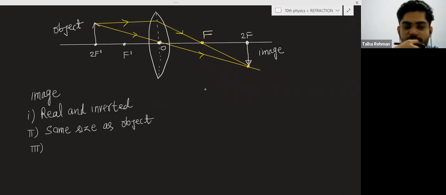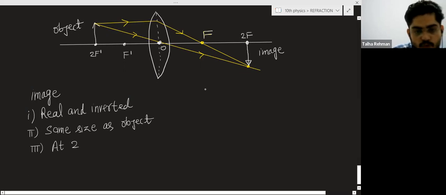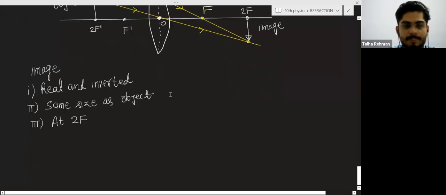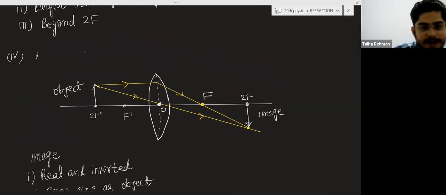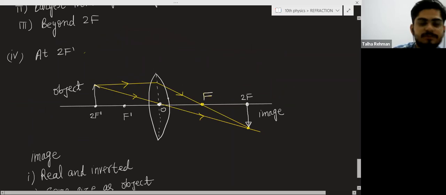Talking about the position, you will say at 2f. This is the case when the object is at 2f dash.